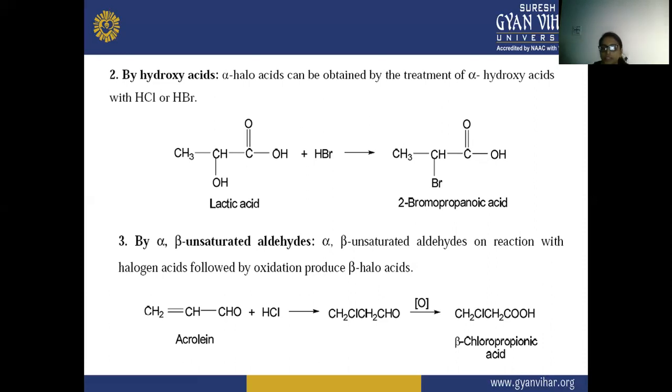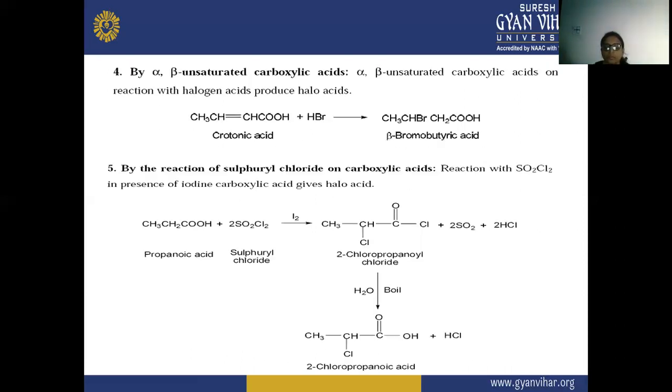From here, when there is a formation of beta chloro propanal, then after that it is oxidized and beta chloropropanoic acid is formed here. So these are the preparation methods of halo acids.